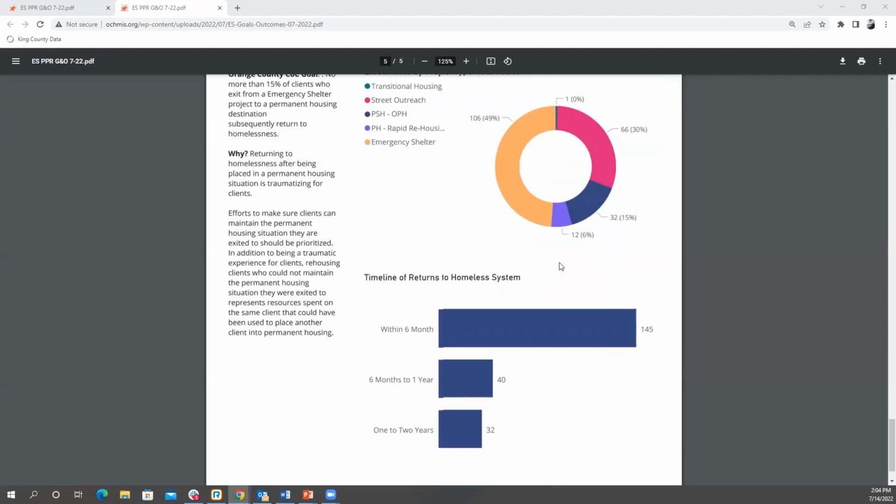And 67% of these clients are returning to another project within 6 months after they exited to permanent housing. So if clients can remain in their housing for more than 6 months, they're much less likely to return.